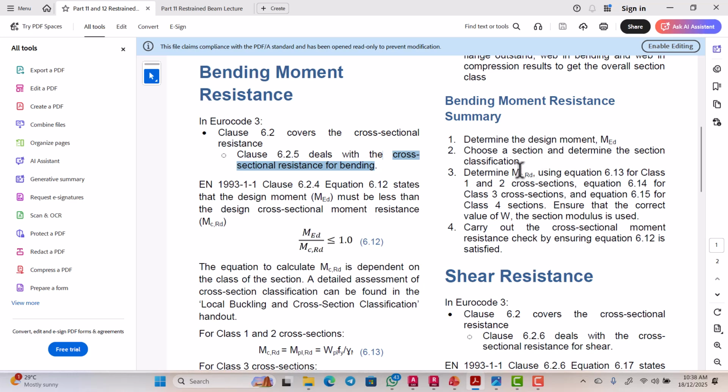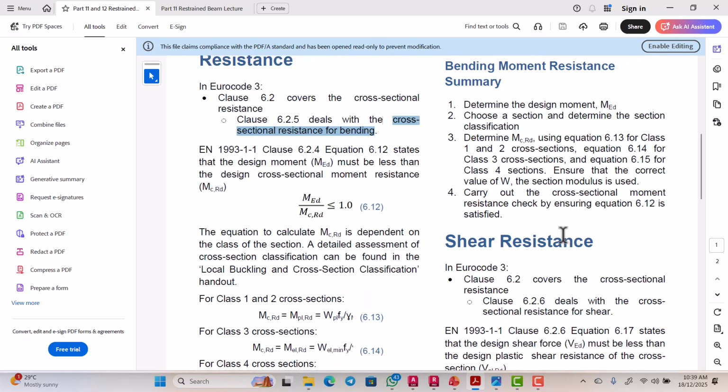Then determine the resistance moment using equation 6.13 for class 1 and class 2 cross sections, equation 6.14 for class 3, and equation 6.15 for class 4 sections, and ensure that the correct value of W, the section modulus, is used. Then carry out the cross-sectional moment resistance check by ensuring equation 6.12 is satisfied.